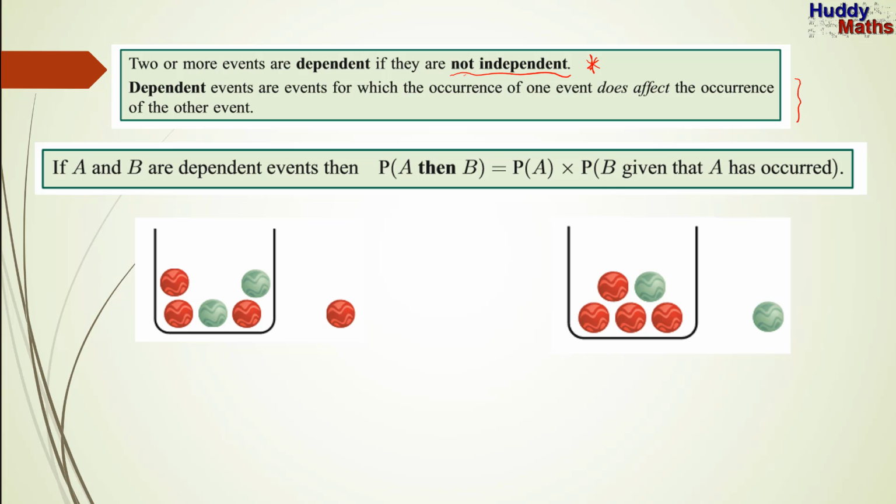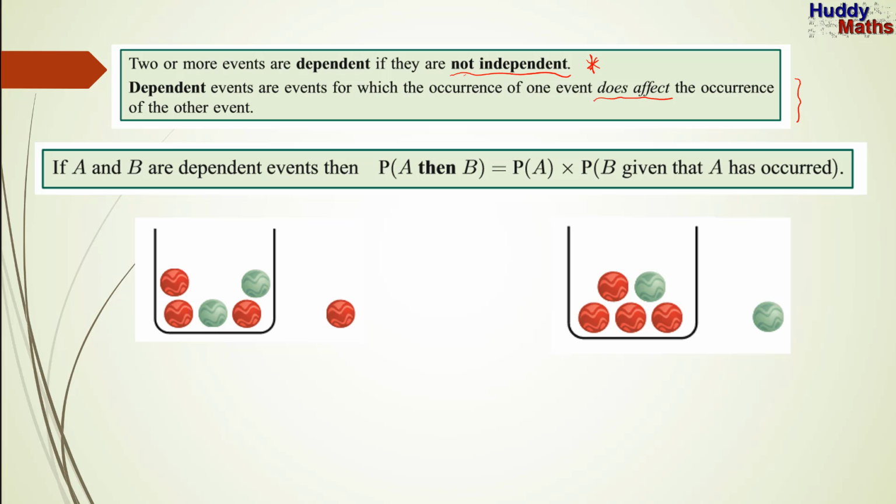Dependent events are events for which the occurrence of one event does affect the occurrence of the other event. So the result of the first draw does affect the chances of what you're going to get in the second. I don't know that I like that definition.